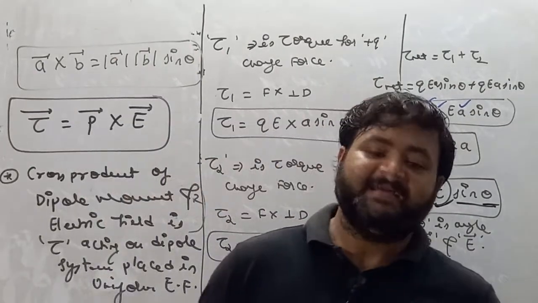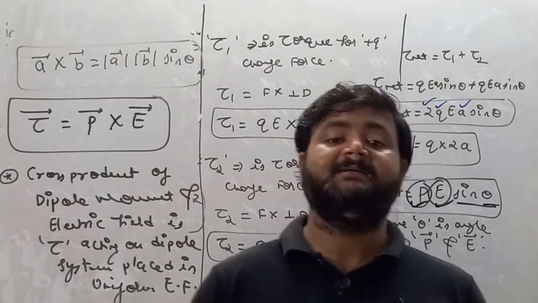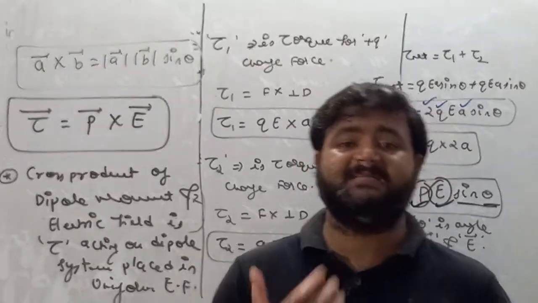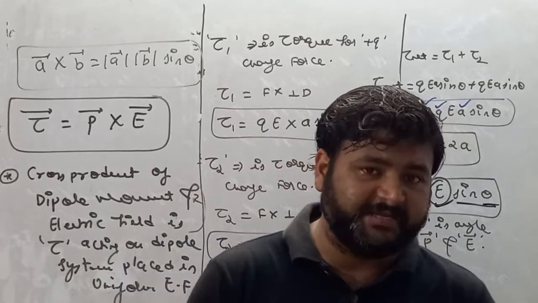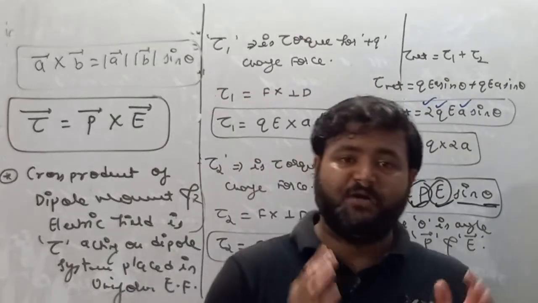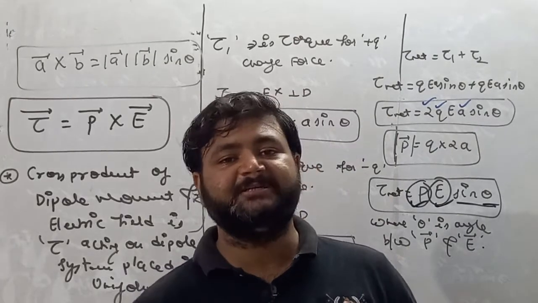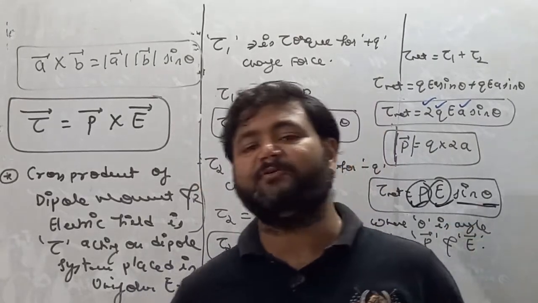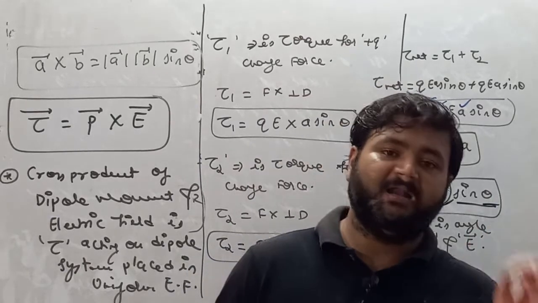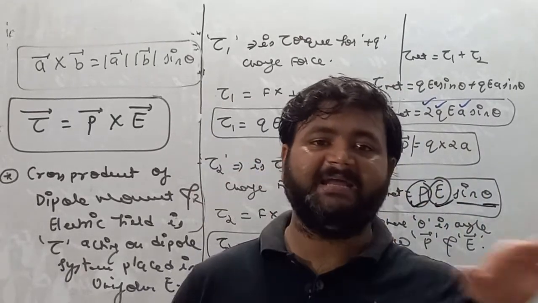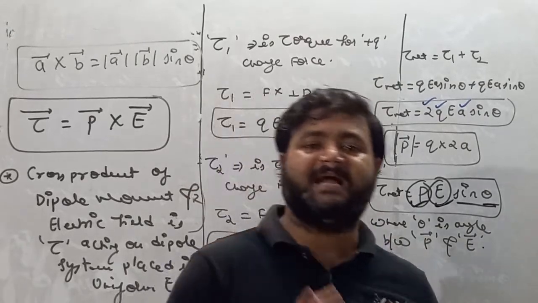Remember, torque is nothing but a nature of force if the force is capable to rotate the body, and the formula of torque is force into perpendicular distance from axis of rotation to line of action. Axis of rotation means the point along which body is rotating, and line of action is the line along which the force is acting on body.